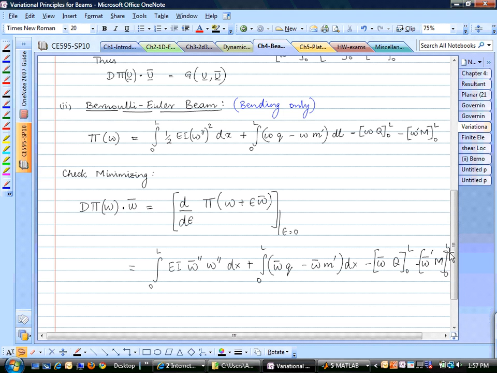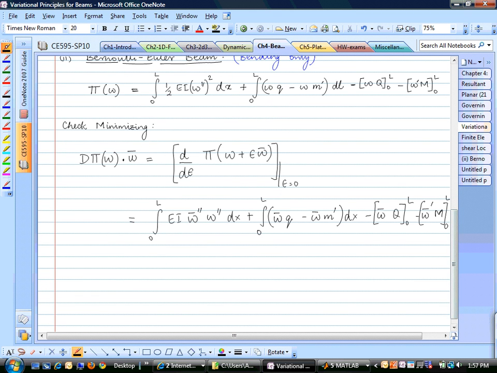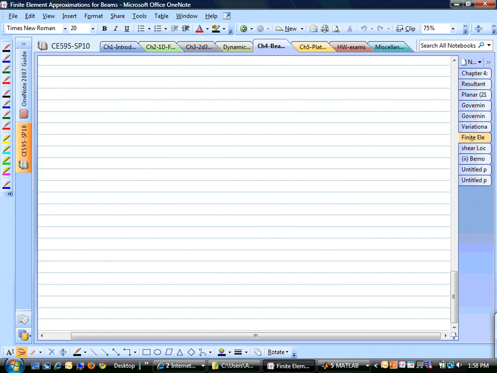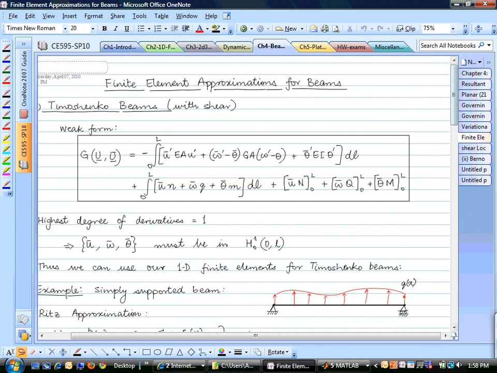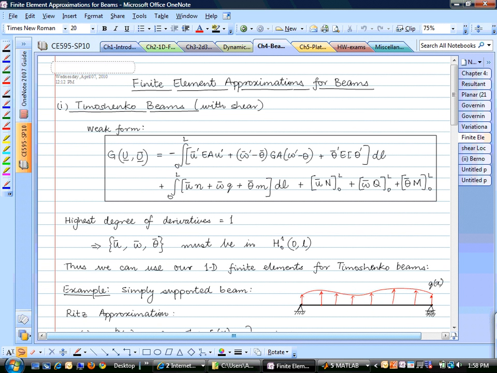And this is precisely equal to the G U or G W times W bar for the Bernoulli-Euler beam. And finally, you will take this and do your finite element approximation and set up your linear equations. So let's see how to do that. And this is on today's handout.